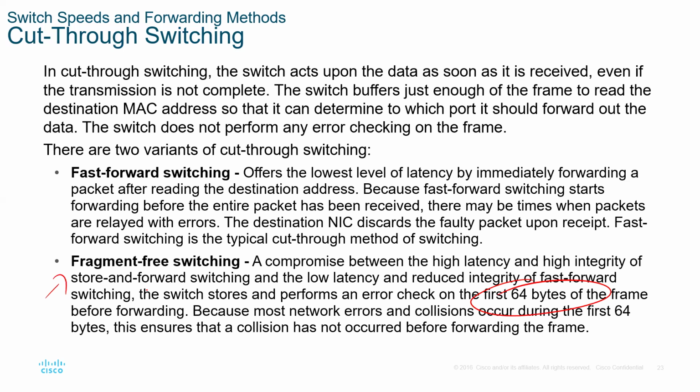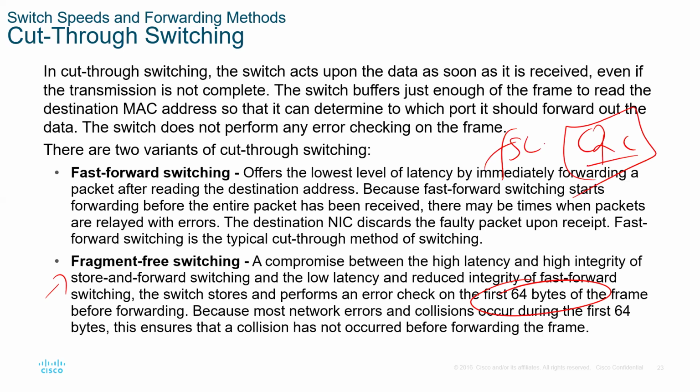Store and forward minimizes errors. With fragment-free switching, errors will still be there, especially at the end, at the frame check sequence with the CRC checking. Those are the errors that we have.